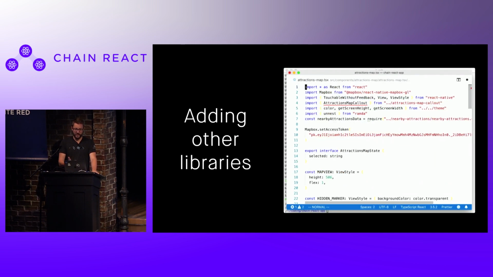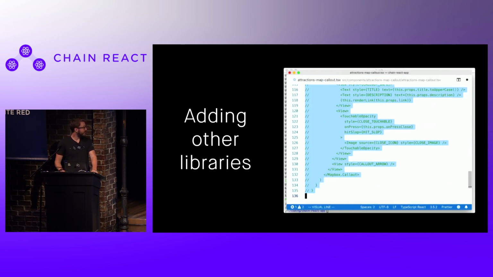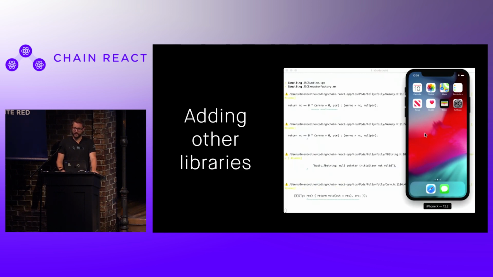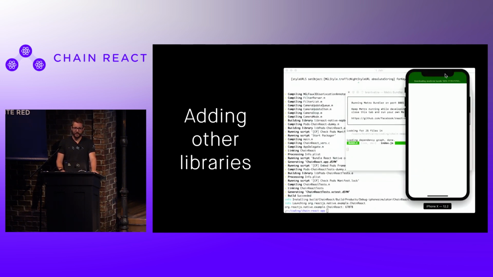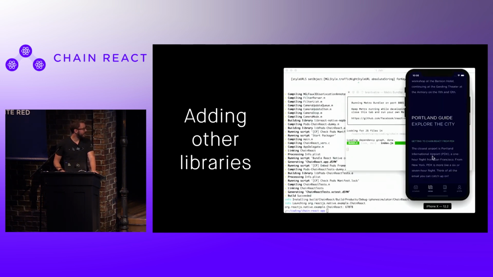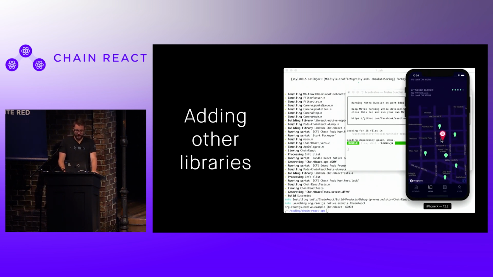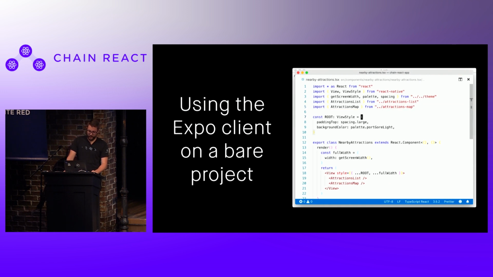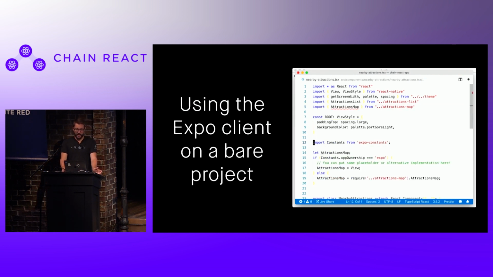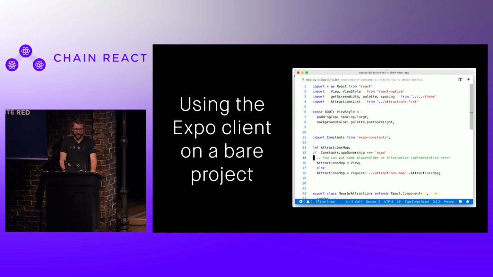So here I'm just adding React Native Mapbox GL to an app that I ejected, which was just the Chain React app that I converted to use the managed workflow originally. And we can see now that we've got the Mapbox view there. So you can continue using the Expo client, as I mentioned, after you've added this native code. You just need to add some guards to prevent the native APIs from being invoked when they aren't available.